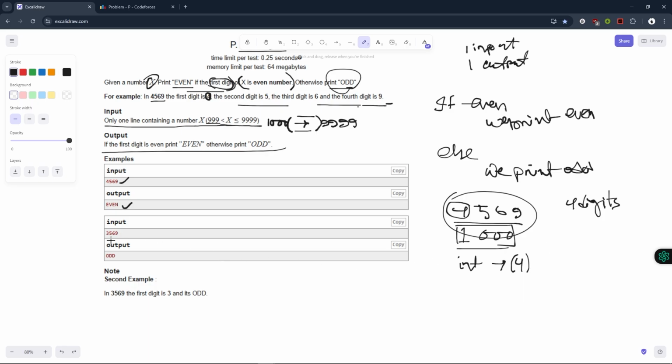So for the number 3569, we divide it by 1 for the 3, and then 000 for these 3 digits. What that does is, 1000 times 3 is equal to 3000, and if we do it 4 times, it goes to 4000.